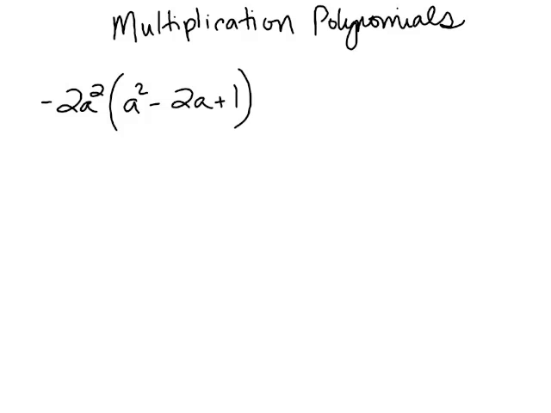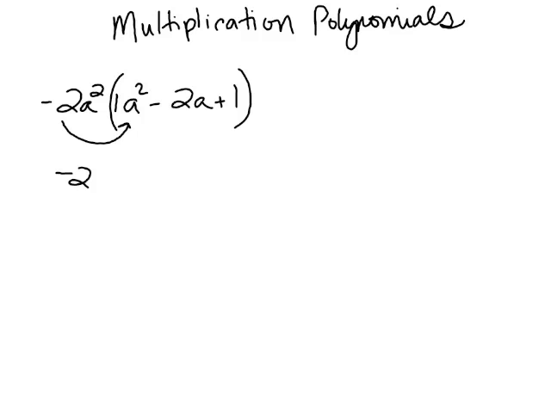Okay, so I need to distribute. What's negative 2a squared times a squared? Negative 2. Okay, so remember that's really a 1. So what's negative 2 times 1? Negative 2, and then a squared times a squared.